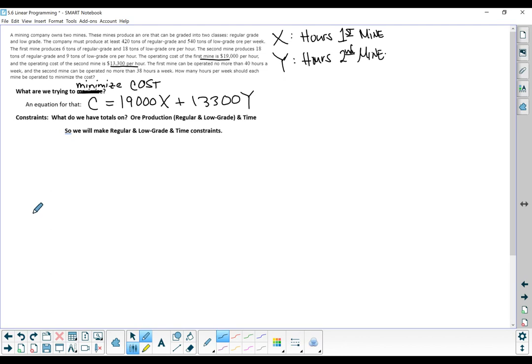So at the end, what we'll be doing is identifying that feasible operation region, and we will substitute the vertices from that region into this cost function. So we need to create our region by writing out some constraint equations and graphing them.